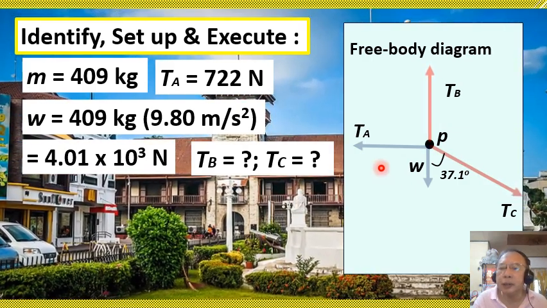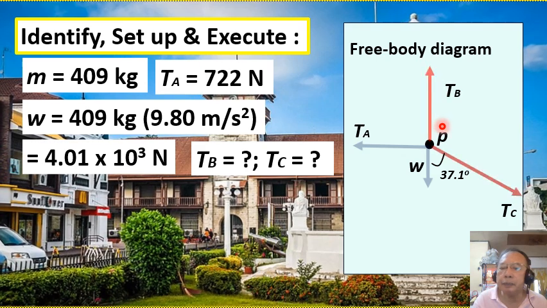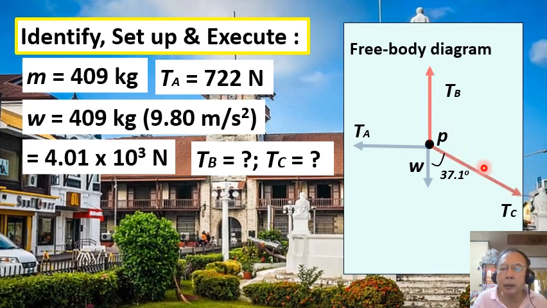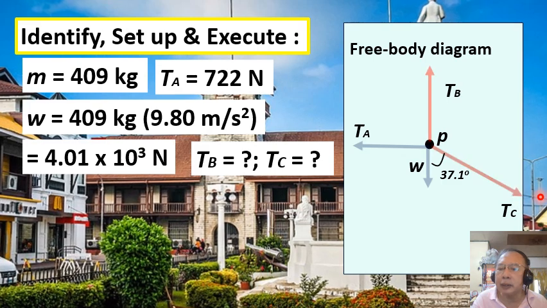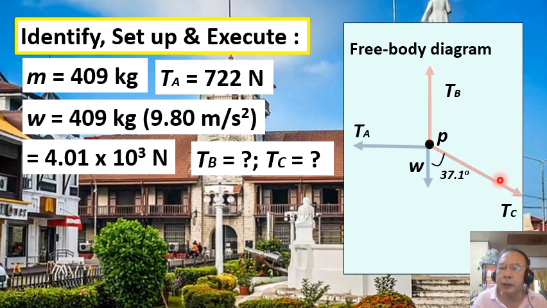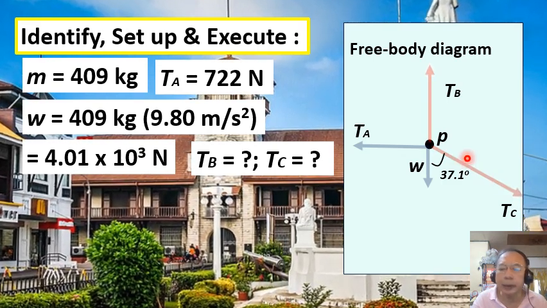The tension TB is directed vertically up, while the unknown tension TC makes an angle of 37.1 degrees with a vertical.